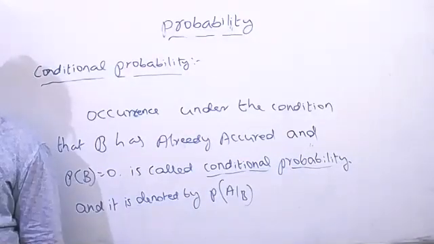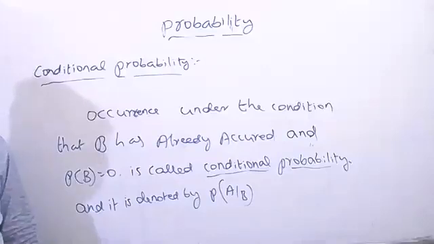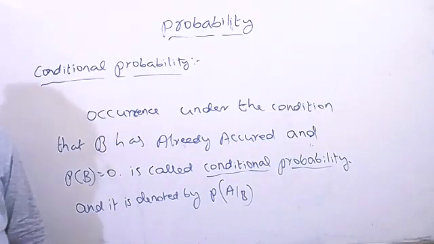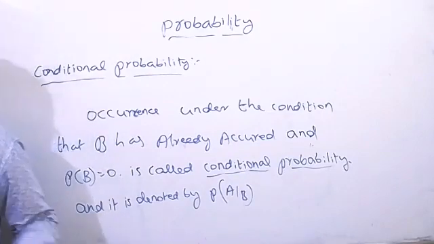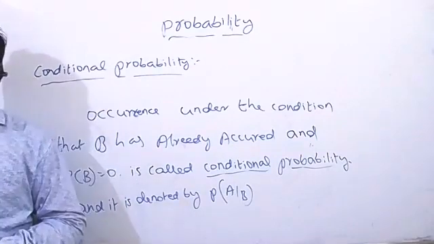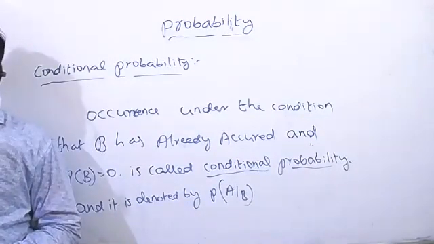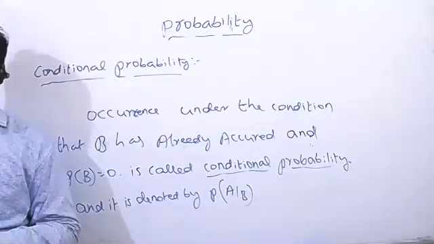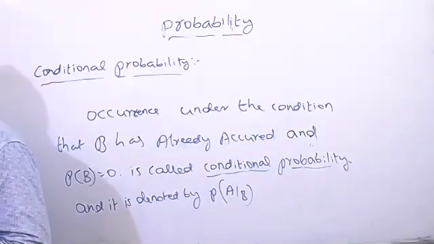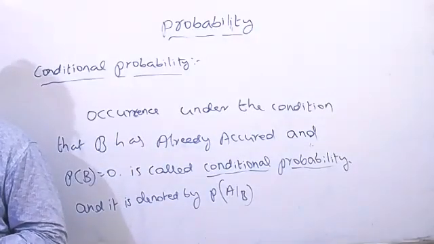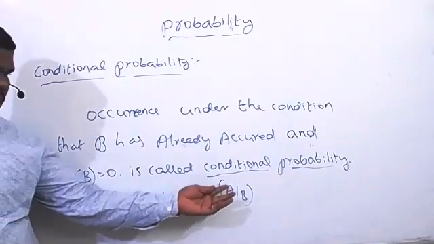They give the condition very clearly. If A and B are two events associated with a random experiment, that means whatever events we take must be associated with the random experiment. Then we are taking the conditional probability of A by B.